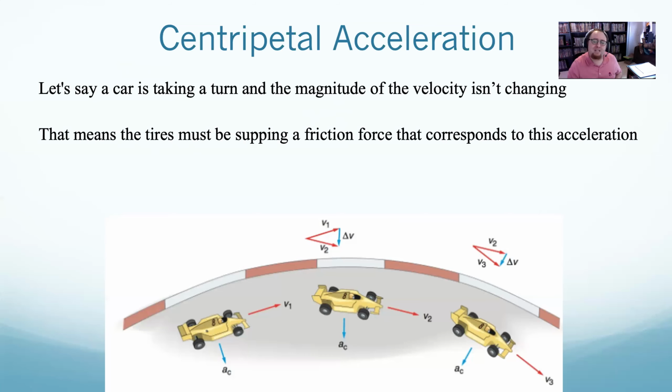But there's a maximum amount of acceleration your tires can give you. This is why you've got to slow down to take a turn. If you take a turn real fast, you might skid out.